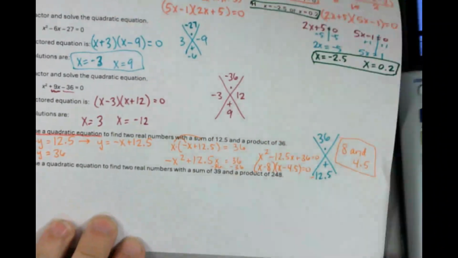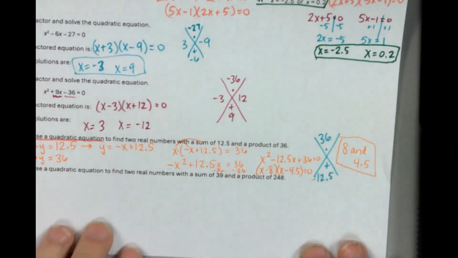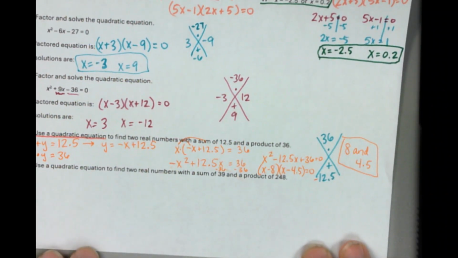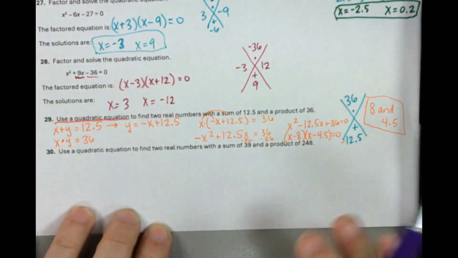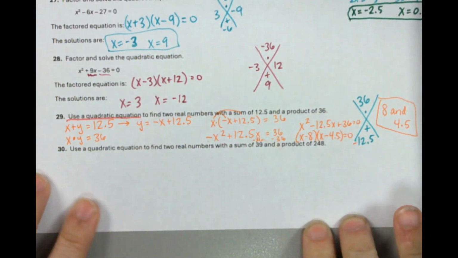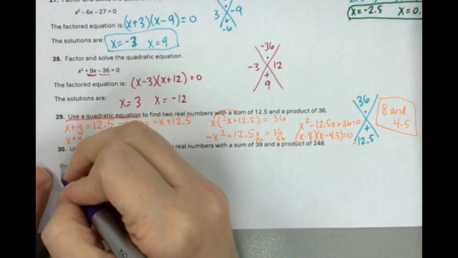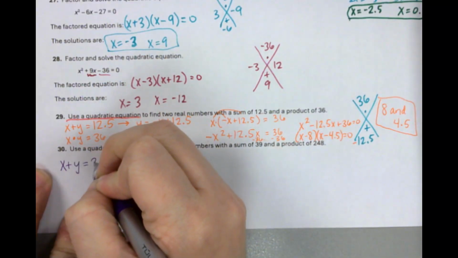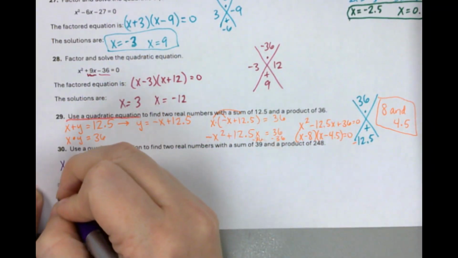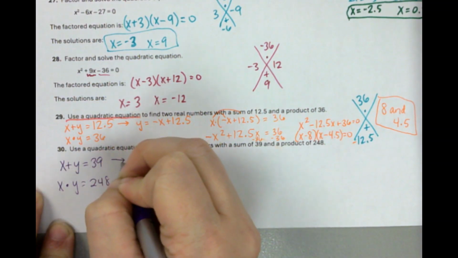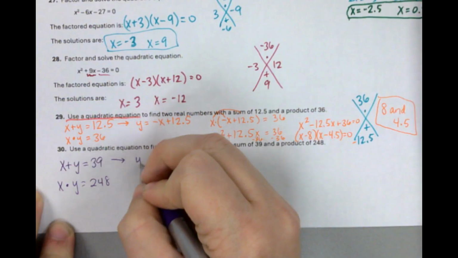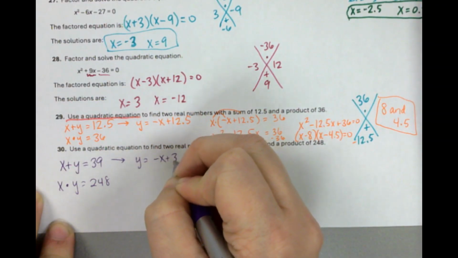Use a quadratic equation to find two real numbers with a sum of 39 and a product of 248. This one I have a little bit more room, so I'm going to use a little bit of a thicker pen. A sum of 39, so x plus y equals 39. A product of 248, x times y equals 248. Going to solve this for y, negative x plus 36.